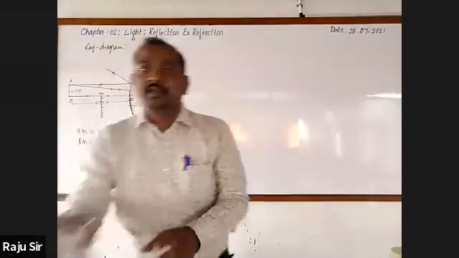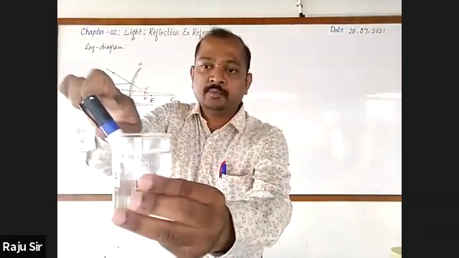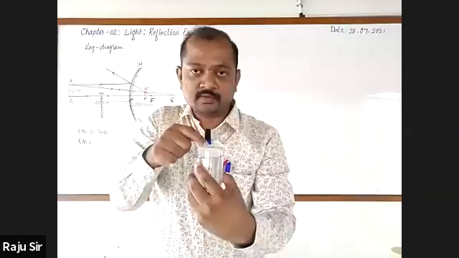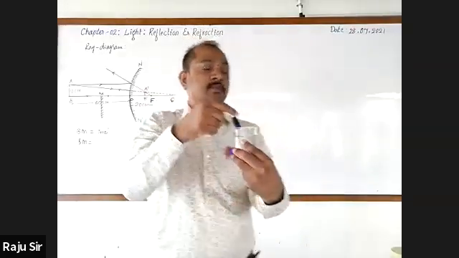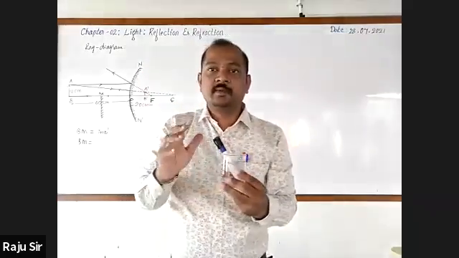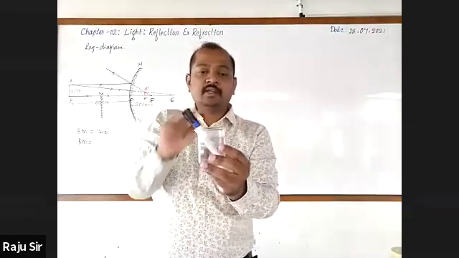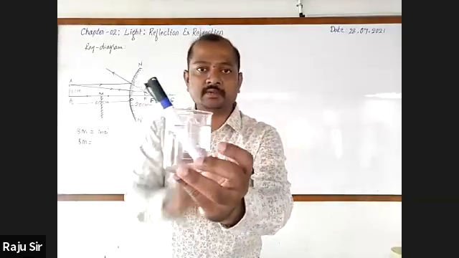When you observe the marker from the top, the part of the marker which is inside appears as if it is bent. Now also it appears as if it is bent.